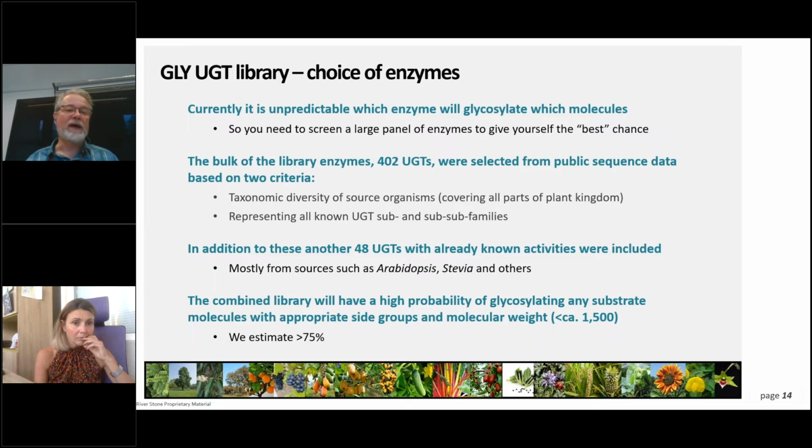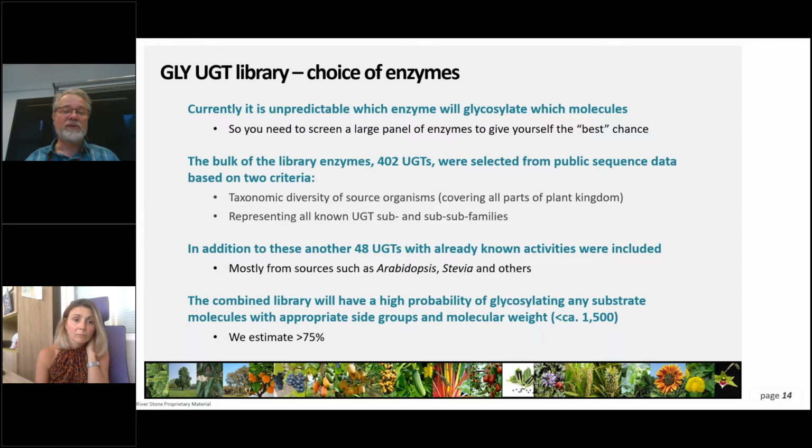We wanted to have as much taxonomic diversity of the source organism as possible covered, and that is from the perspective that if you cover many different levels of taxonomy, you also cover many different habitats and niches, and thereby a lot of different biochemistry. The second criterion was to represent all known UDT families and subfamilies.